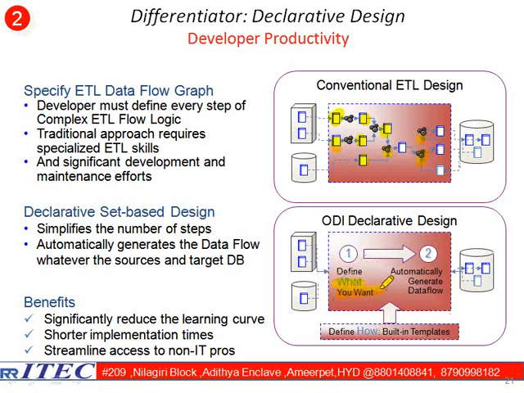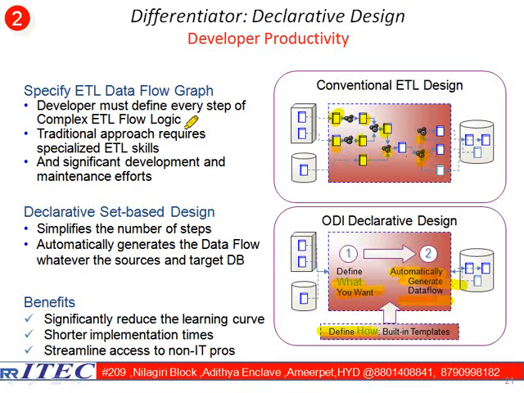Just define it. Once you define it, the system takes care of automatically generating the data flow. You only define how you want it, and built-in templates take care of the way you want to move the data.